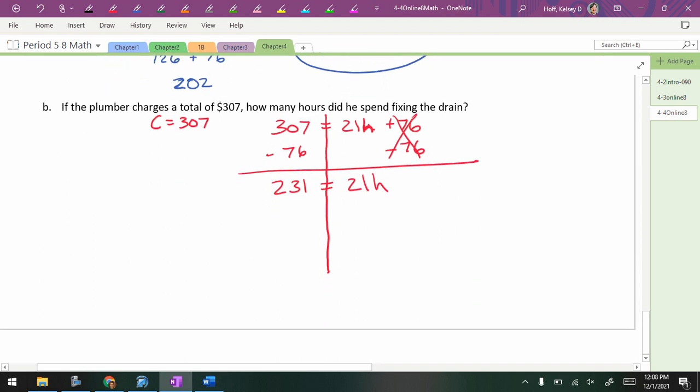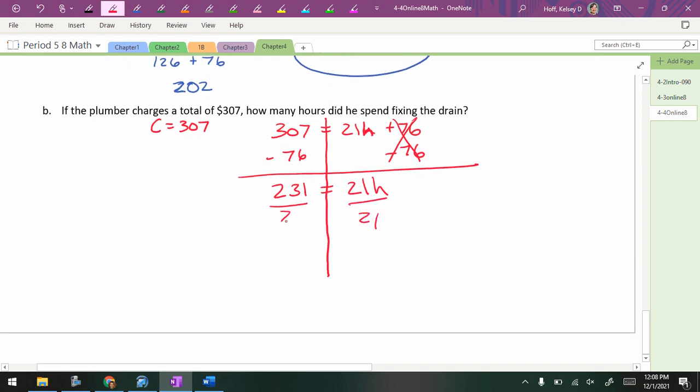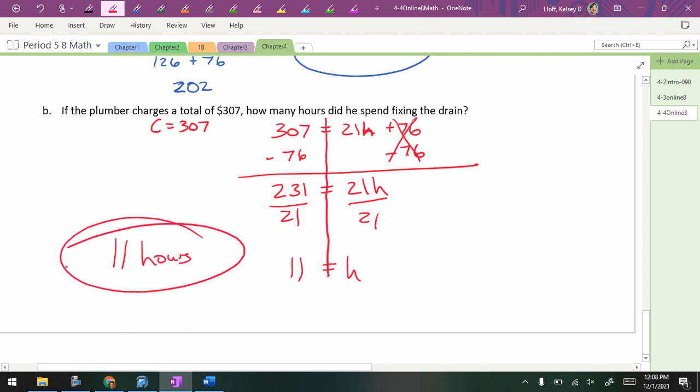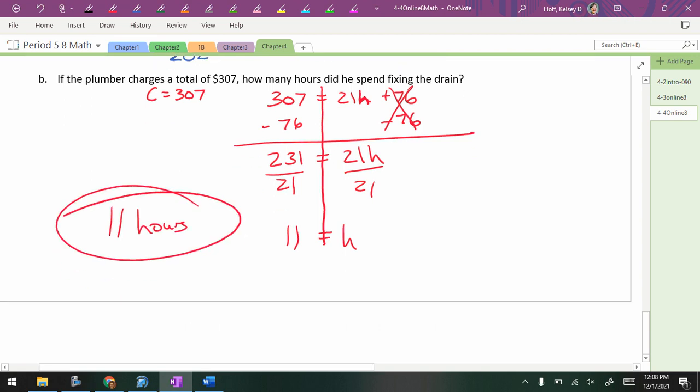Then divide by 21. H equals 11. Yes? Anybody else? Yeah? So 11 hours.